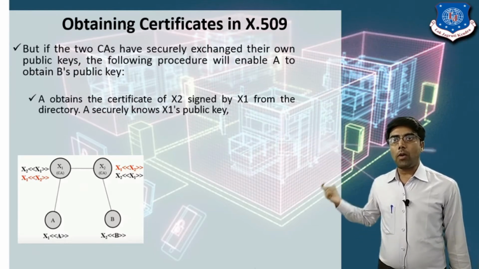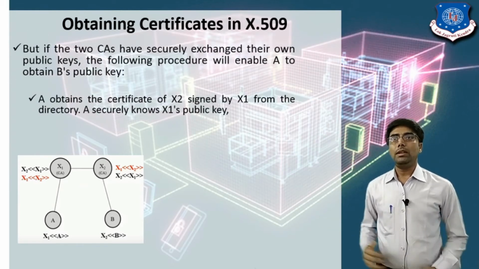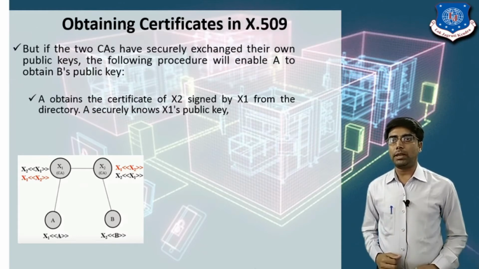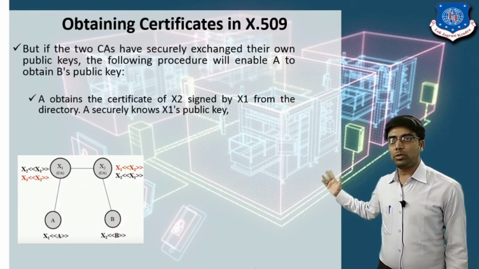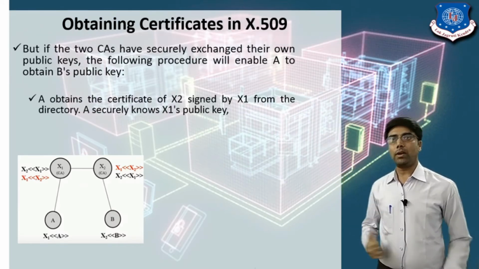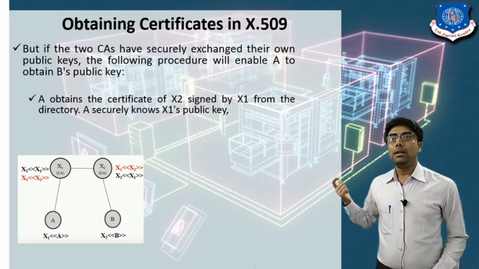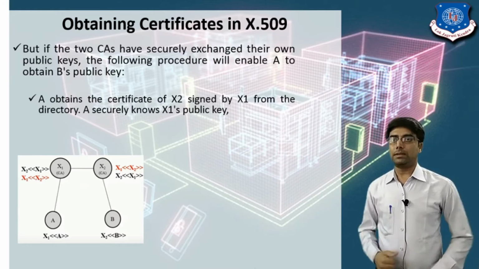A obtains the certificate of X2 signed by X1 from the directory, and A securely knows the X1 public key. Now you can see in this figure X1 and X2, these are the two different certificate authorities. They exchange their public keys with each other, verify, and generate the certificate for each other.